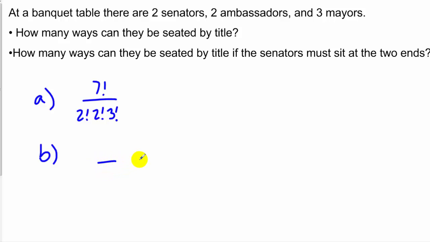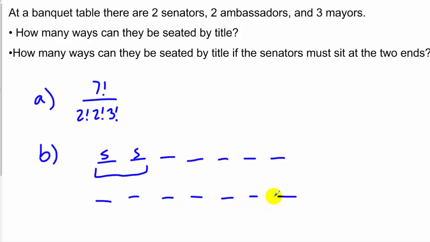So this problem is a little more difficult, and we're going to have to diagram this out actually. So if the senators are going to sit on the 2 ends, that means I get either my senators here or I get my senators over here.